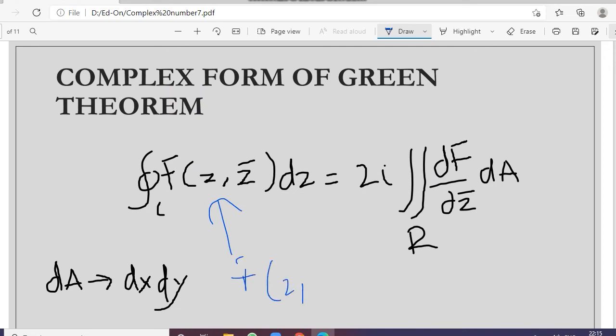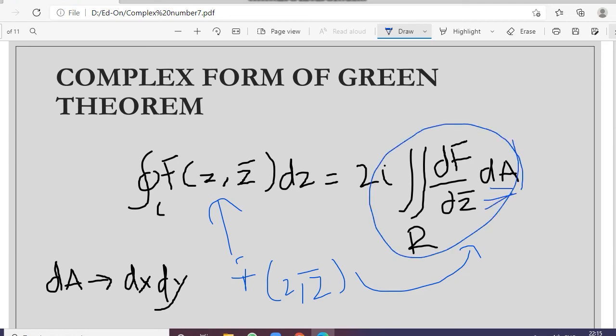Then if we convert it into a double integral, it becomes 2i double integral over region R of the derivative of the function with respect to z conjugate, dA, where dA is dx dy. So it is just a formula to revise. There is no derivation in our syllabus, so we are not going to do it.